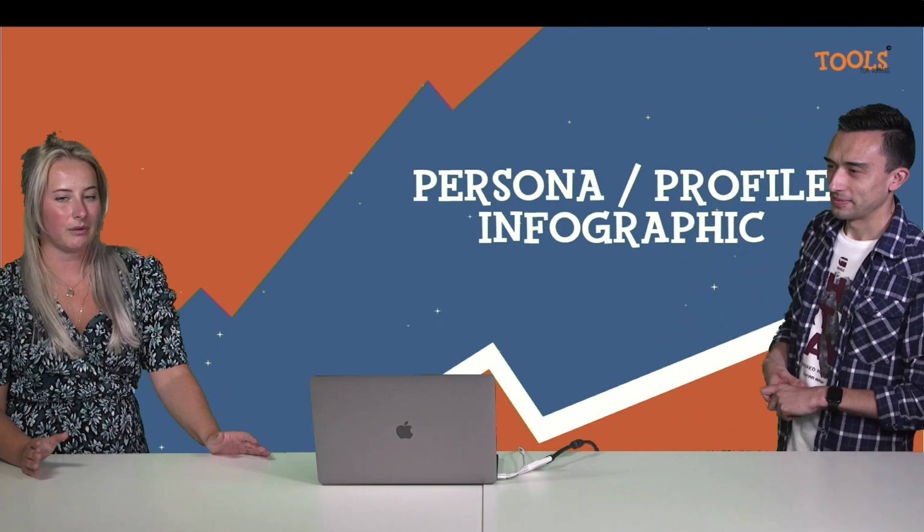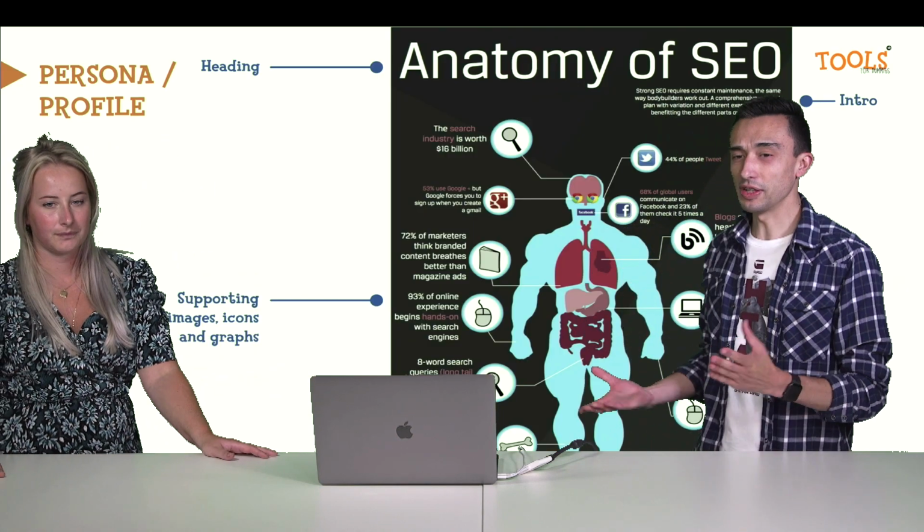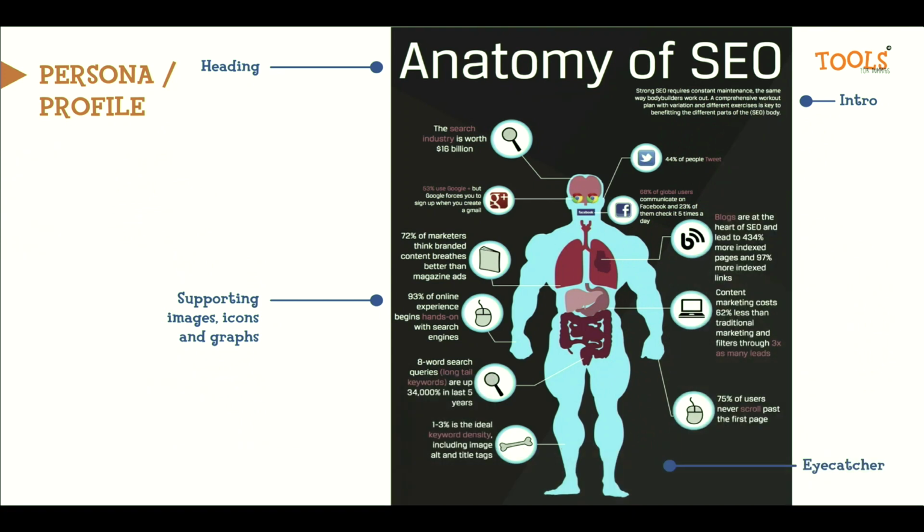So another kind of infographic is the persona infographic, so the profile infographic. And it's a kind of infographic that shows the core person of a target group, the one that represents the complete target group.